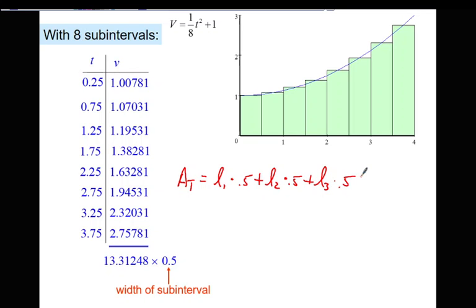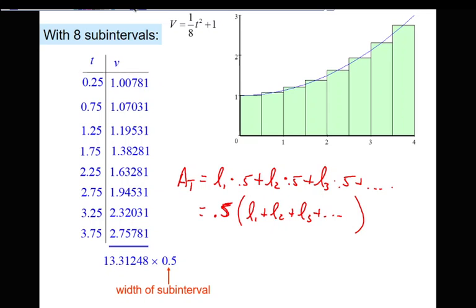Since they all have a factor of 0.5, we've done L1 plus L2 plus L3 plus dot dot dot, added up all of the lengths and then multiplied by the width to get the area. So that's basically what I did there.